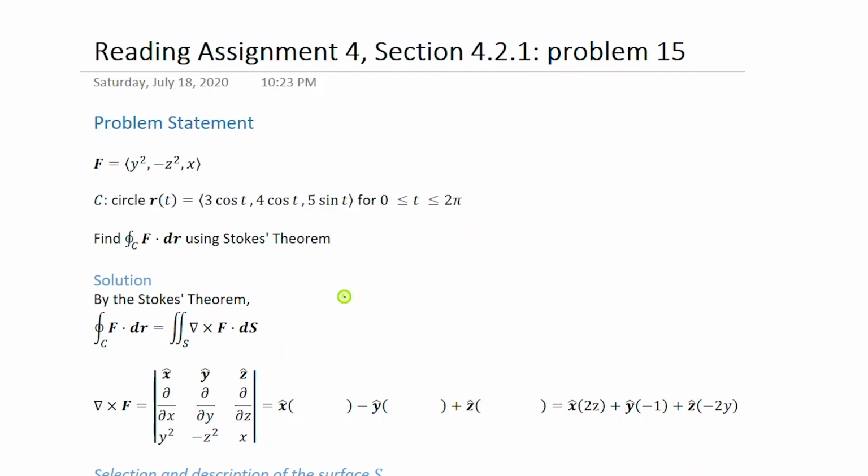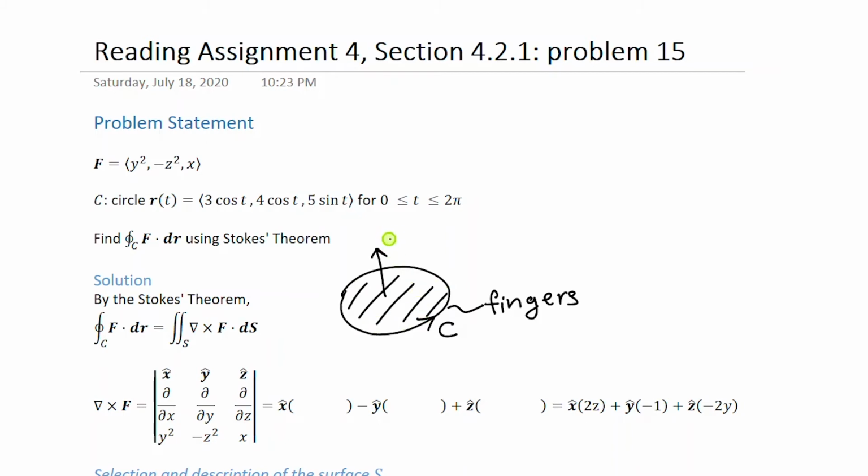Now there is a direction convention that's very important. So we have a contour C like this. You would imagine aligning your fingers with the direction of the contour. And if you do that, then your thumb will be pointing in the direction of the surface S. So surface S is oriented according to the right-hand rule.